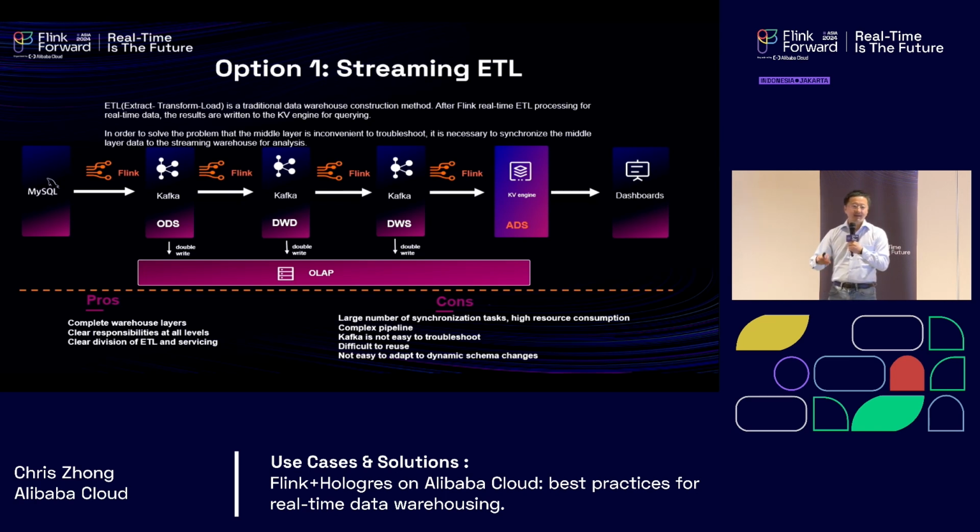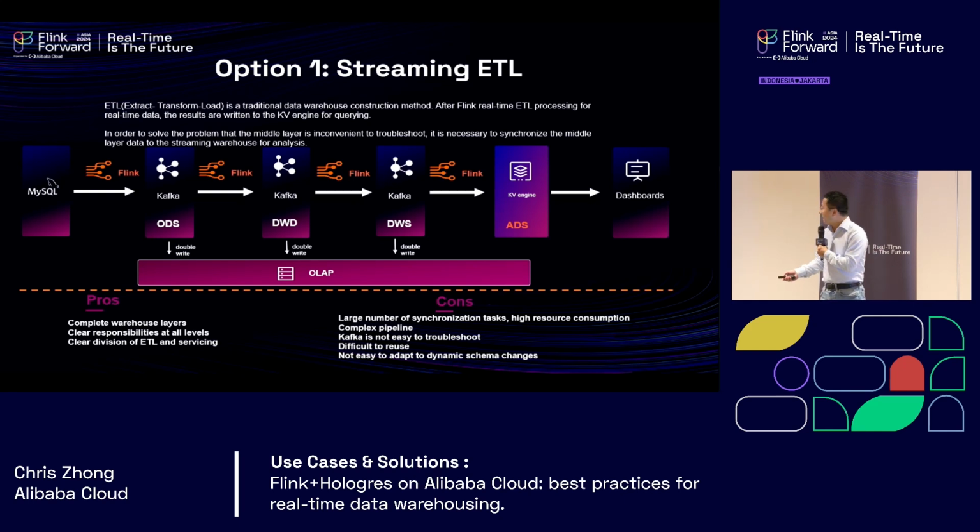And for the query use case, we will use a KV store like HBase or Redis to provide the data queries to the applications, and to leverage data query and data exploration, we usually sync Kafka's data into an OLAP engine for detailed data exploration.